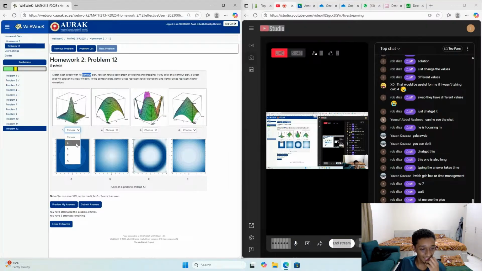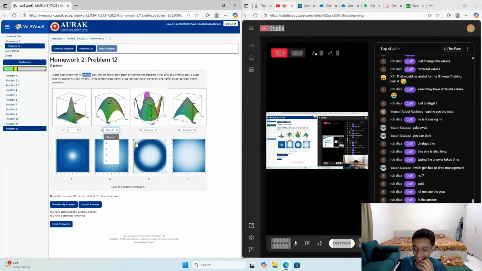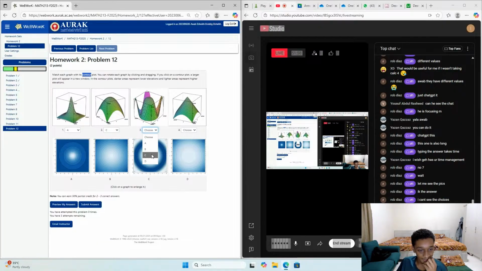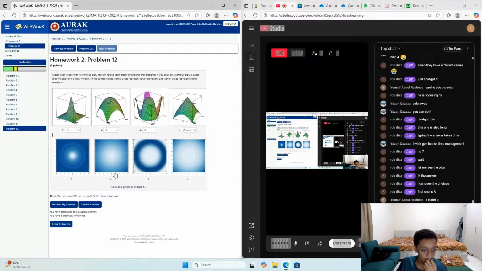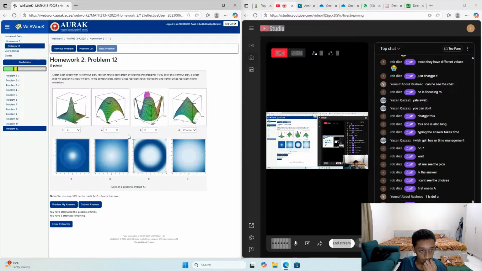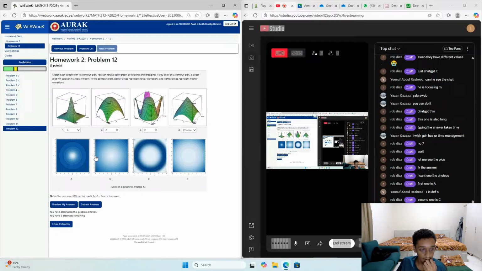First one is A. What's the second one? C. Third is C. And the last one is, what's the last one? Oh, wait, they can't share the same graph. Third is C and second, they can't share the same graph, right?